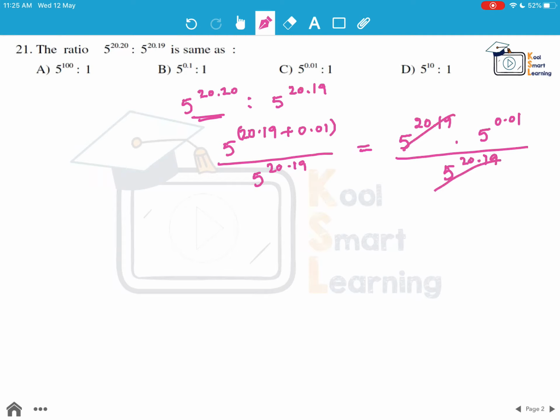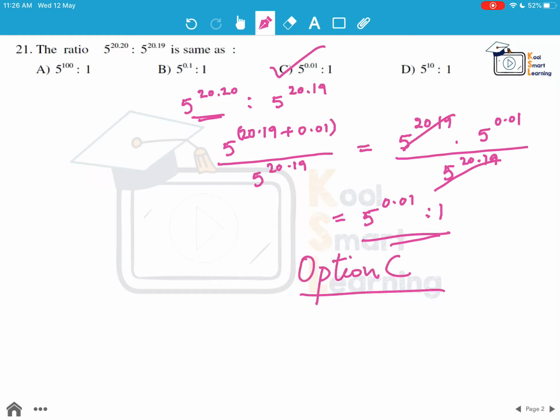So this cancels with this, so this becomes 5 raised to power 0.01 is to 1, which is option C. So option C is the answer to this question. You can refer to the video on laws of exponents for this explanation.